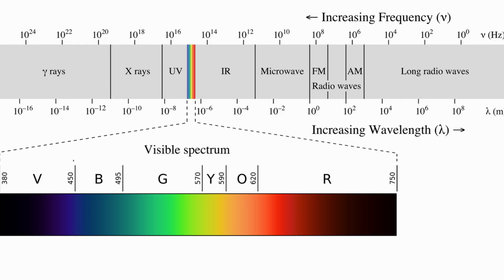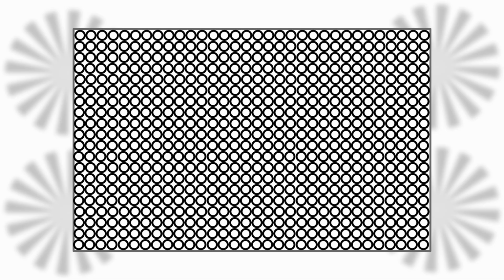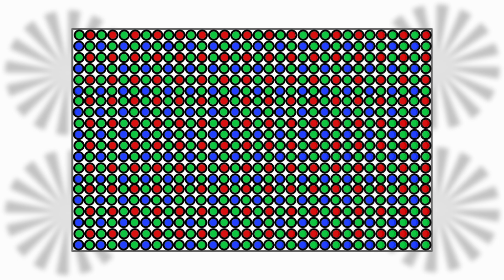Except you're probably asking yourself one important question. If these photosites are measuring the electrical energy from the photons hitting them, how do they see color? It's true that the length of a photon's wavelength determines its color. However, the photosites are not measuring the wavelength, but the amount of energy. To see color, photosites are grouped together with the filters of additive primary colors red, green, and blue.